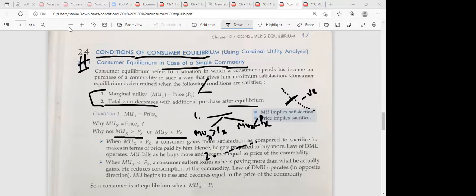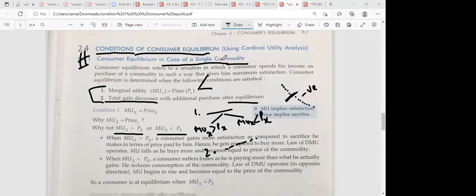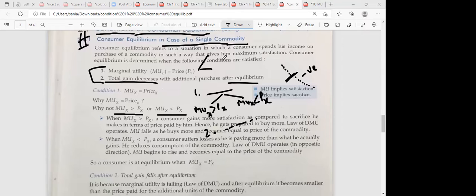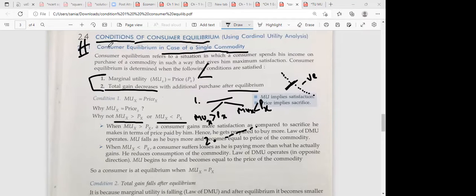Done, ma'am. Teacher, we also have to write the definition?